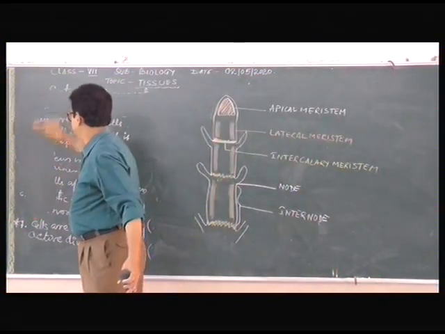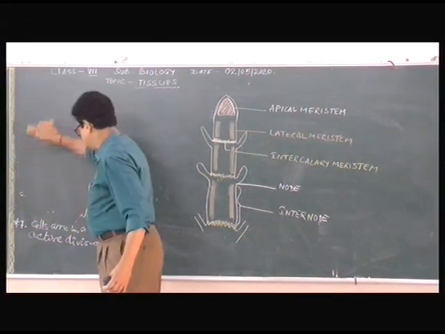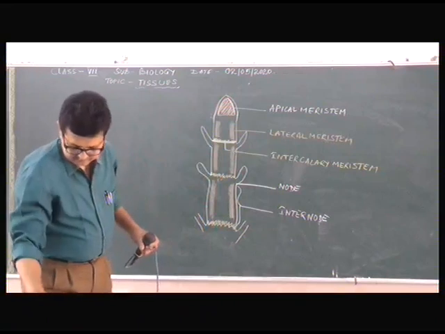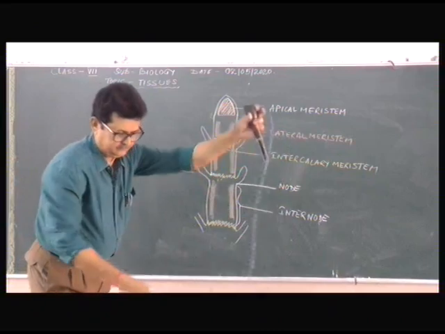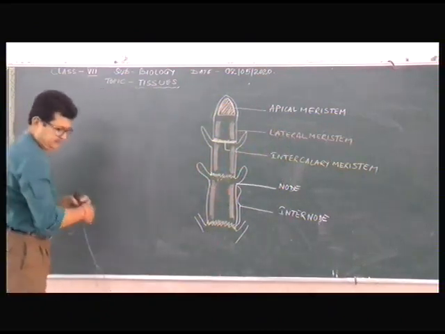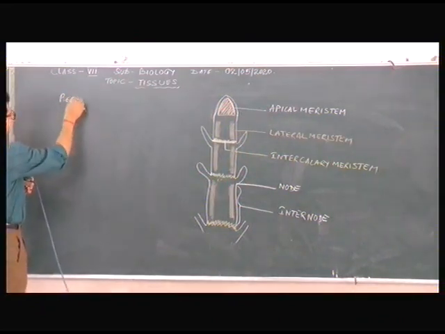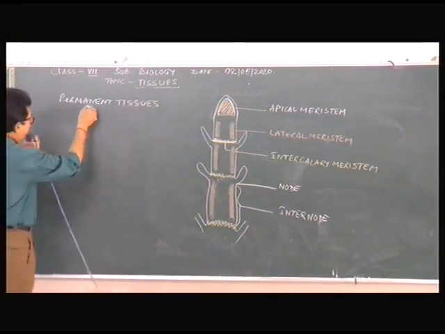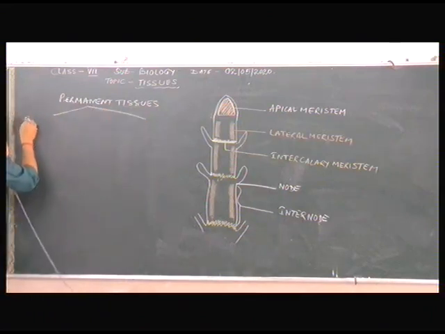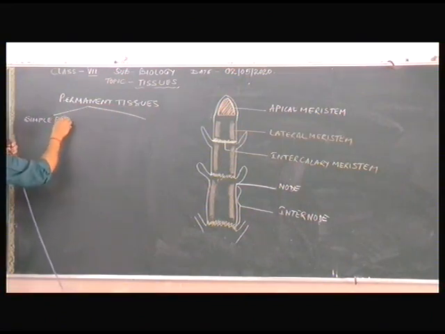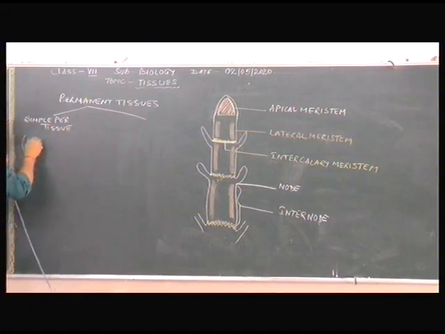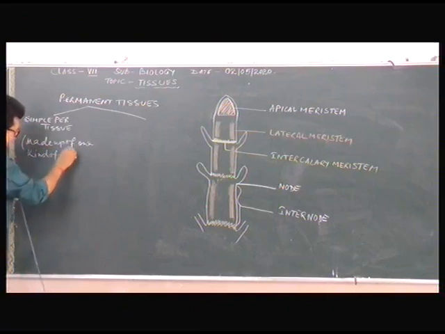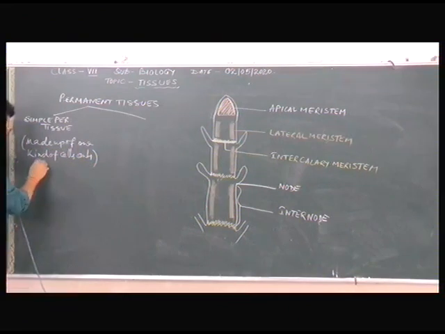Permanent tissues, there are two types. Simple permanent tissue is made up of one kind of cells only, hence simple.